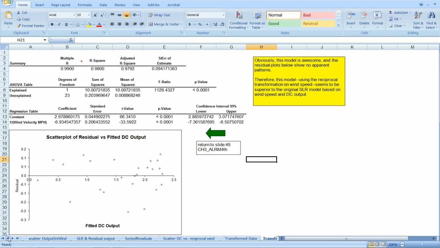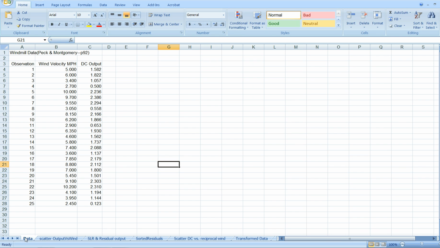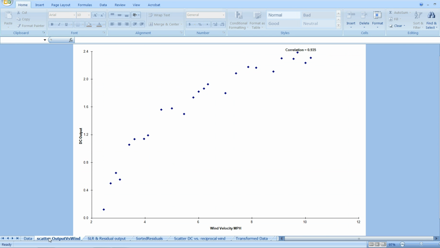What I have here is some data associated with DC output as a function of wind velocity for 25 observations, windmills. And if you take a look at a scatter plot associated with those data, you see that as the wind velocity increases, the DC output increases. And we might consider modeling that behavior using a simple linear regression model.